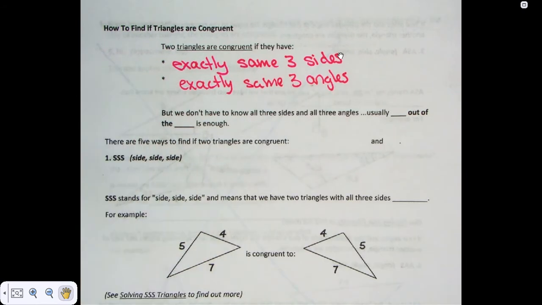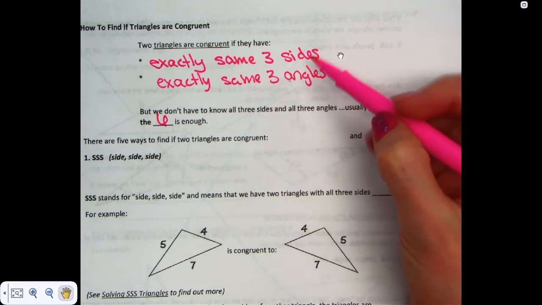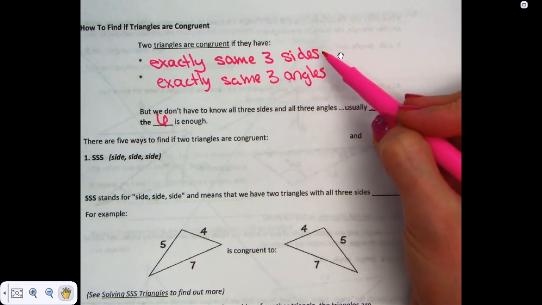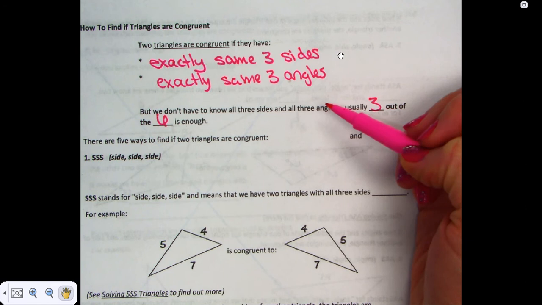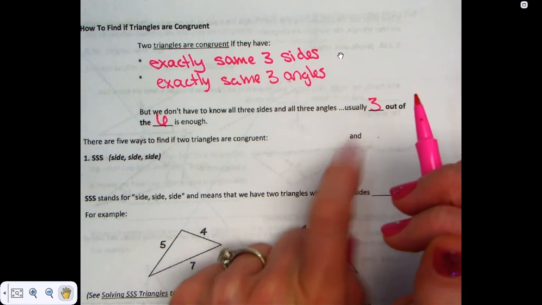But we don't have to know all three sides and all three angles to prove it. It says usually 3 out of the 6 pieces of information is enough. So if we look up top here, a triangle has 3 sides, 3 angles, which gives us 6 pieces of information. They're telling us normally if we have 3, we can figure out what we need to know.